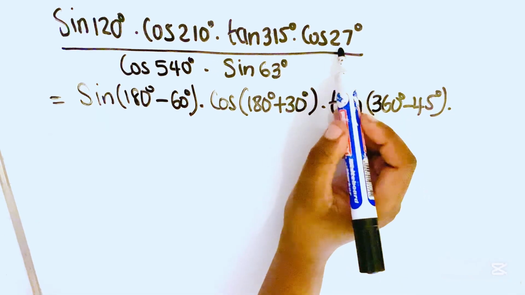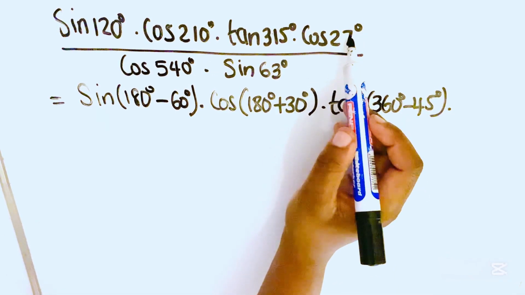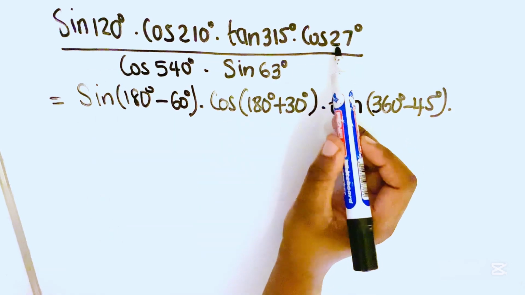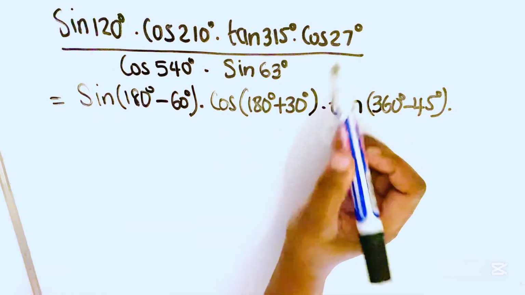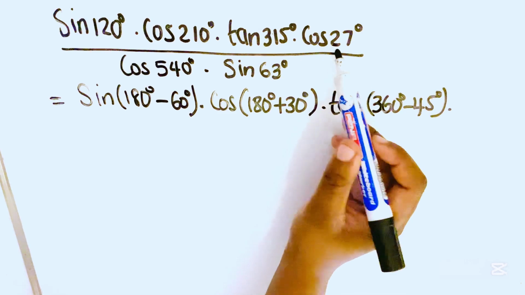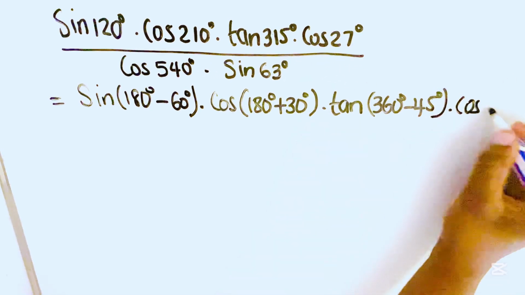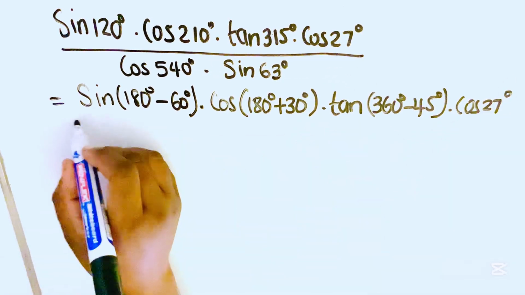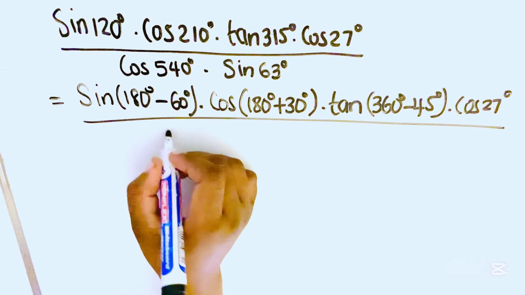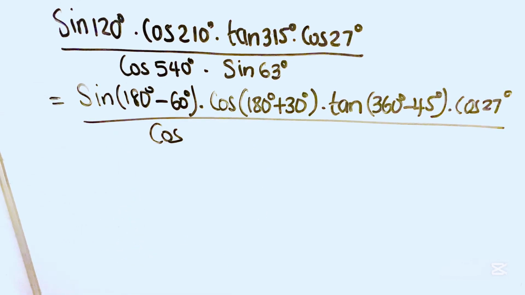The 27 is just the lowest value that we have, and it's not part of the special angles. So for now, we'll just keep it as cos 27 degrees. We have the cos 510.